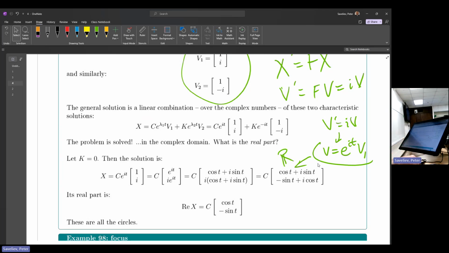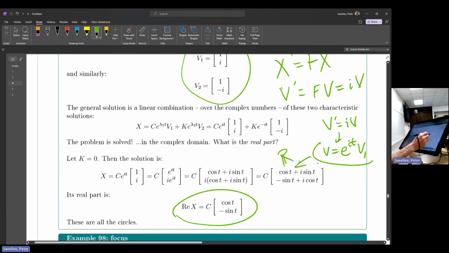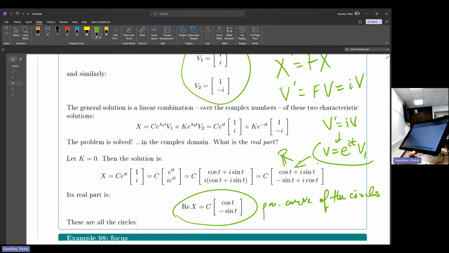And so the real part of that vector that we just discussed has cosine t, sine t, and these are circles. This is a parametric curve, a parametric curve of that circle. All circles centered at zero, concentric circles. C is the radius.